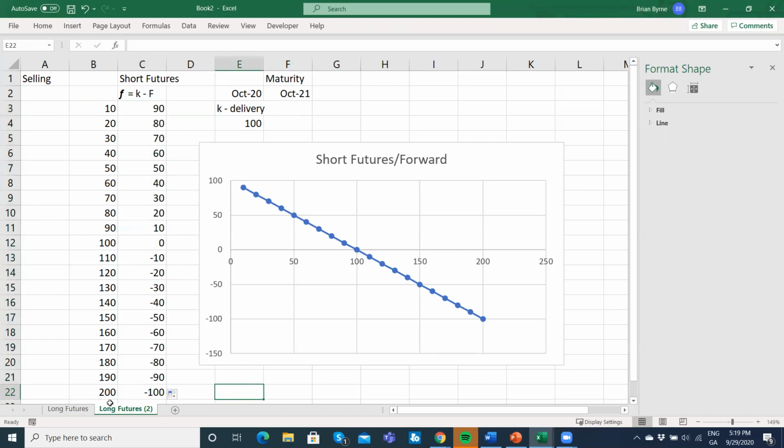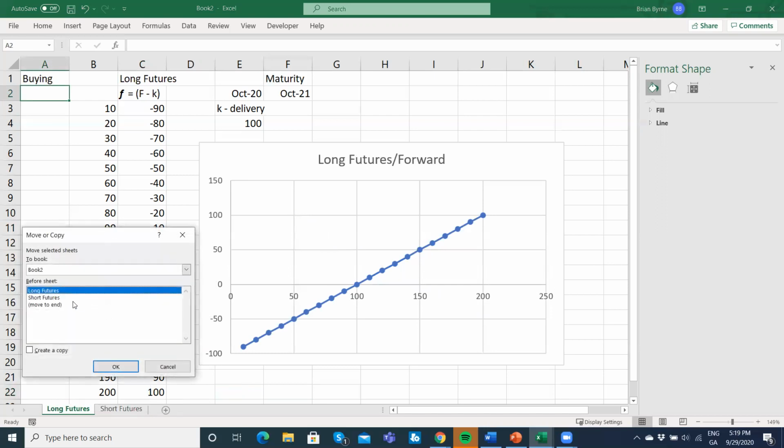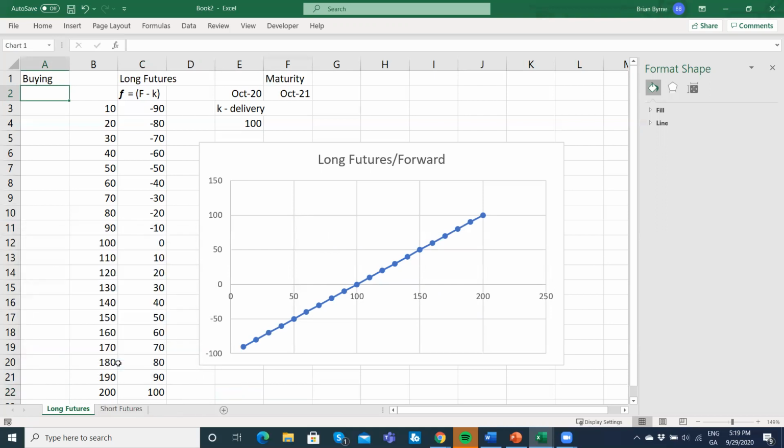So how do we then track the relationship between the futures, forward and option positions? Let's copy again the long futures sheet. We'll copy the whole sheet, long futures, click here, create copy.